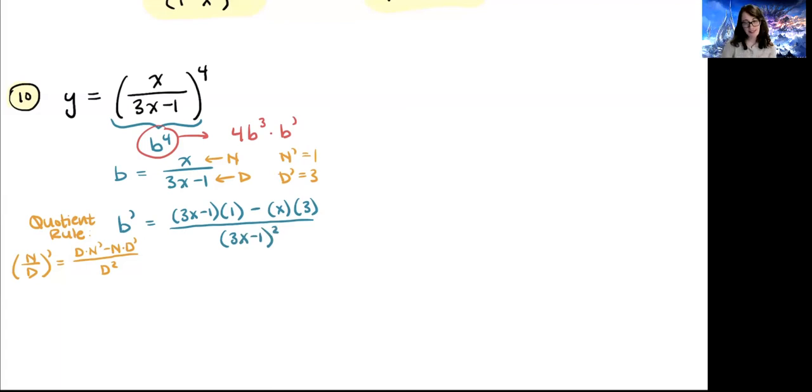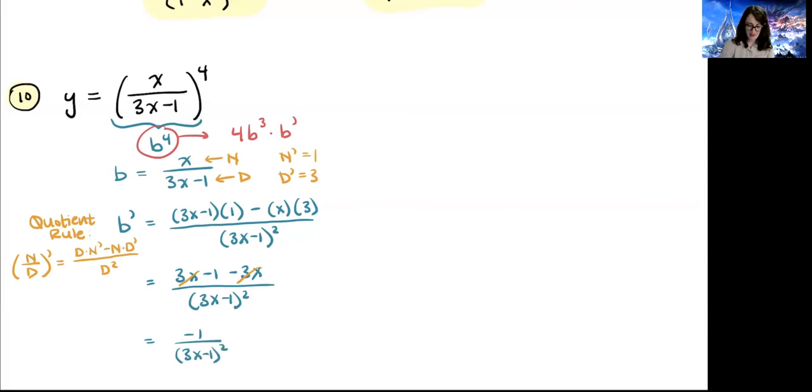Now, it's probably going to be really nice for future us if we simplify this before trying to put it into the formula for the derivative of this whole thing. So 3x minus 1 times 1, that's just 3x minus 1. x times 3, that's just 3x. 3x minus 3x, those cancel out, and we are just left with negative 1 over 3x minus 1 to the second.